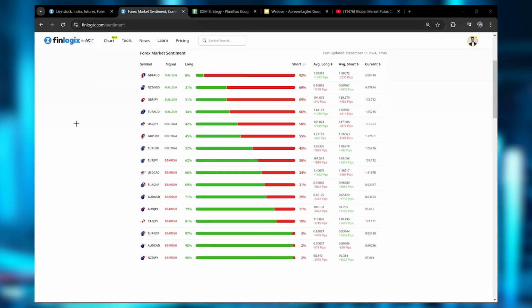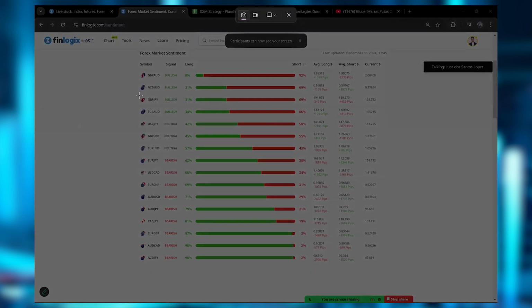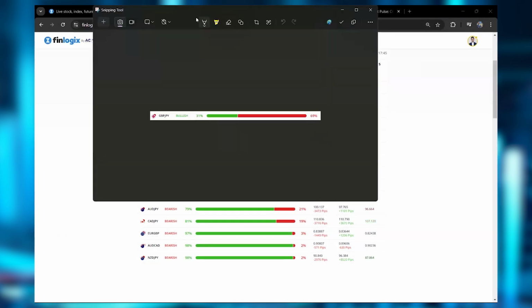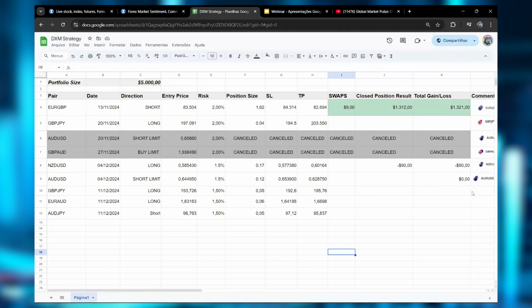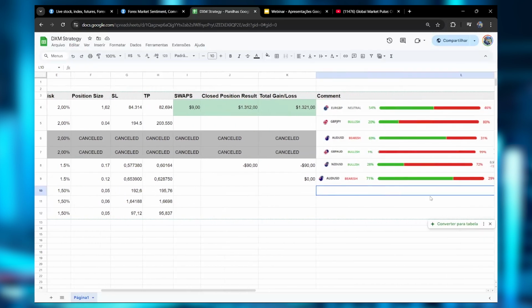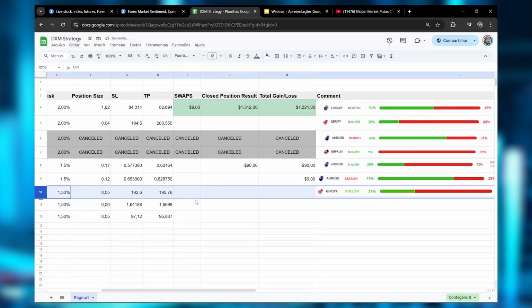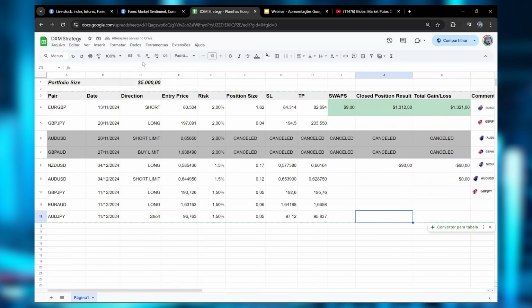Let's take a screenshot first of GBPJPY here. Okay. And let's paste it onto the DXM strategy. Okay. Now, next is EURUSD.